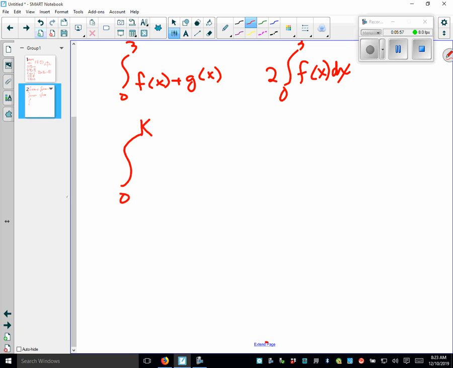If I have k times x to the 4th, what would k have to be for that integral to be 0? Zero. Isn't it true the integral is 0 when the top and bottom numbers are the same? It could be other times, but it has to be then.